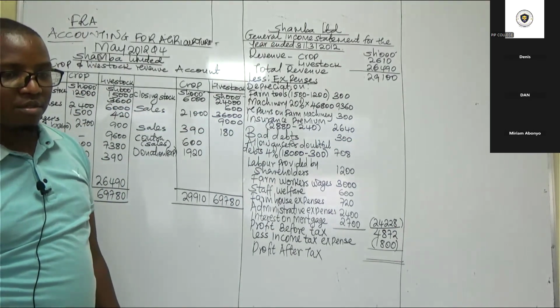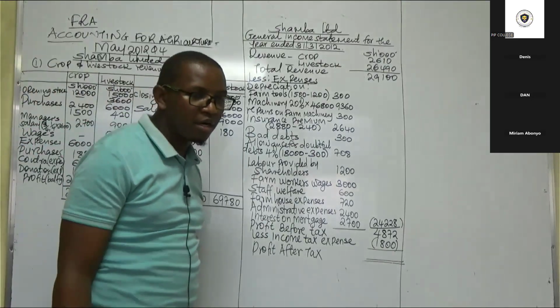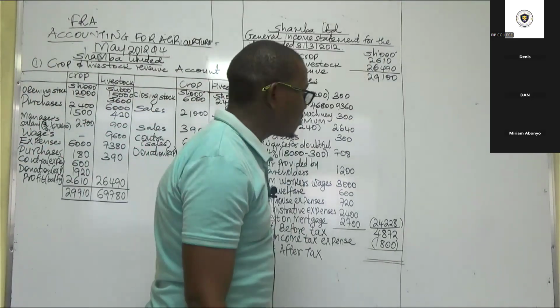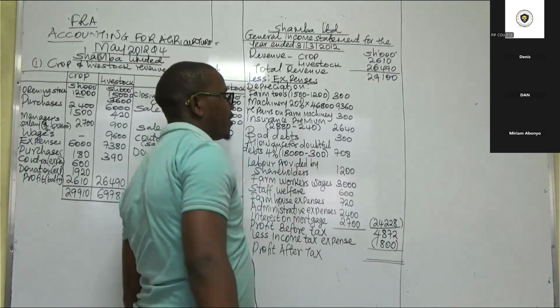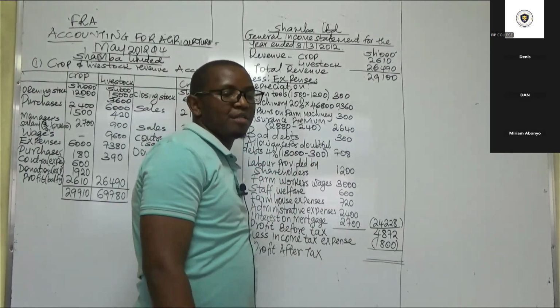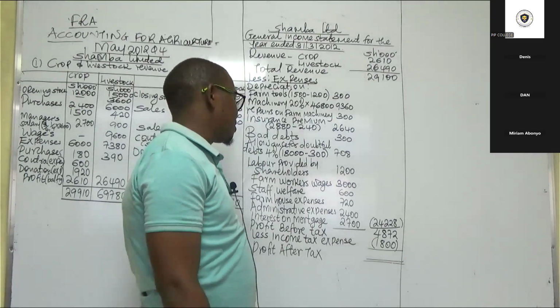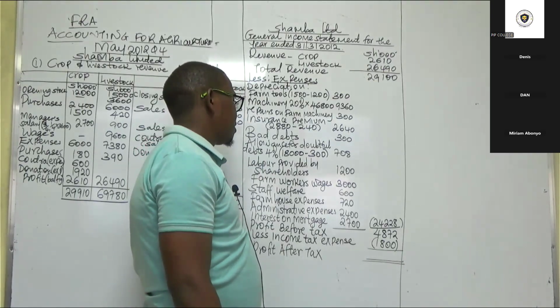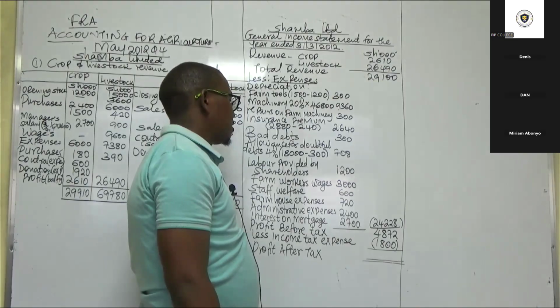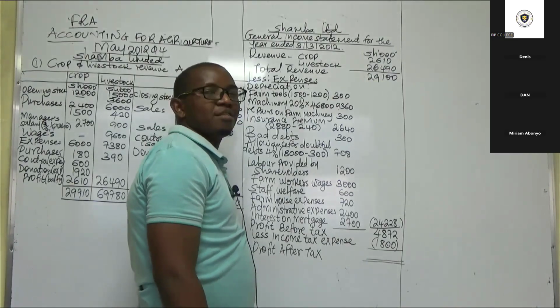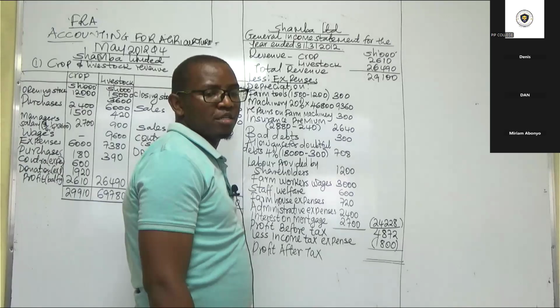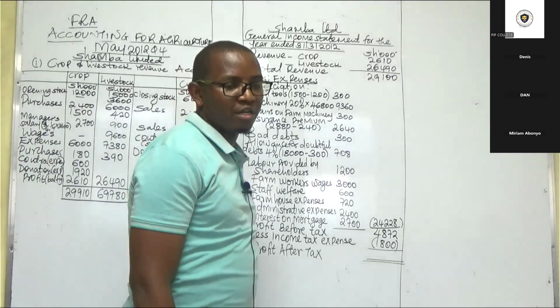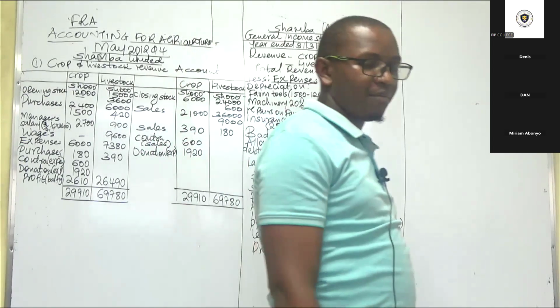Someone is saying that for the allowance for doubtful debts, 1800 you multiply by 3, 18,000 minus 300, that is 17,700. If you multiply by 4%, then you can confirm. I think yours is wrong.